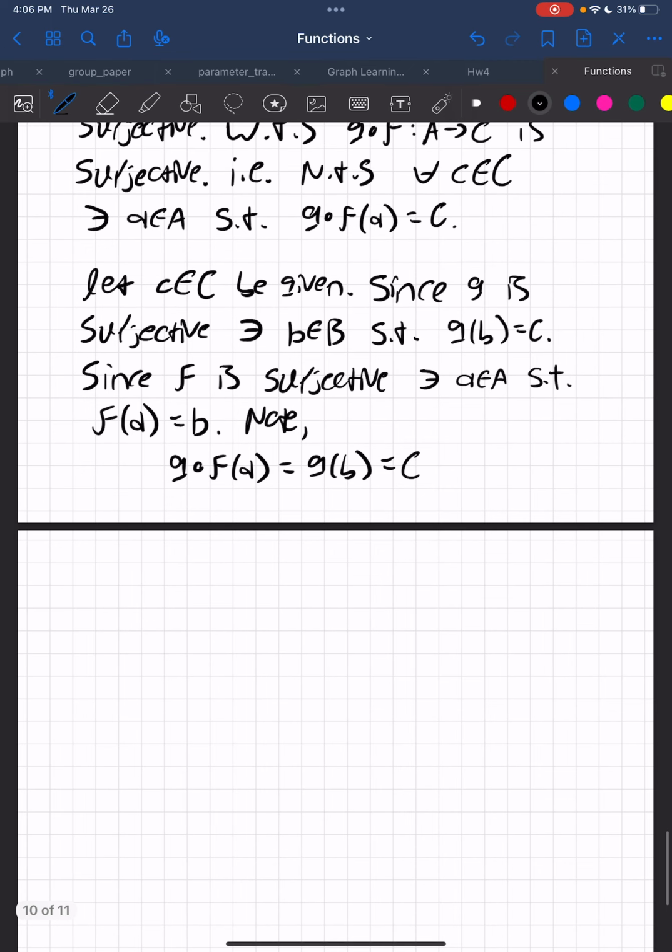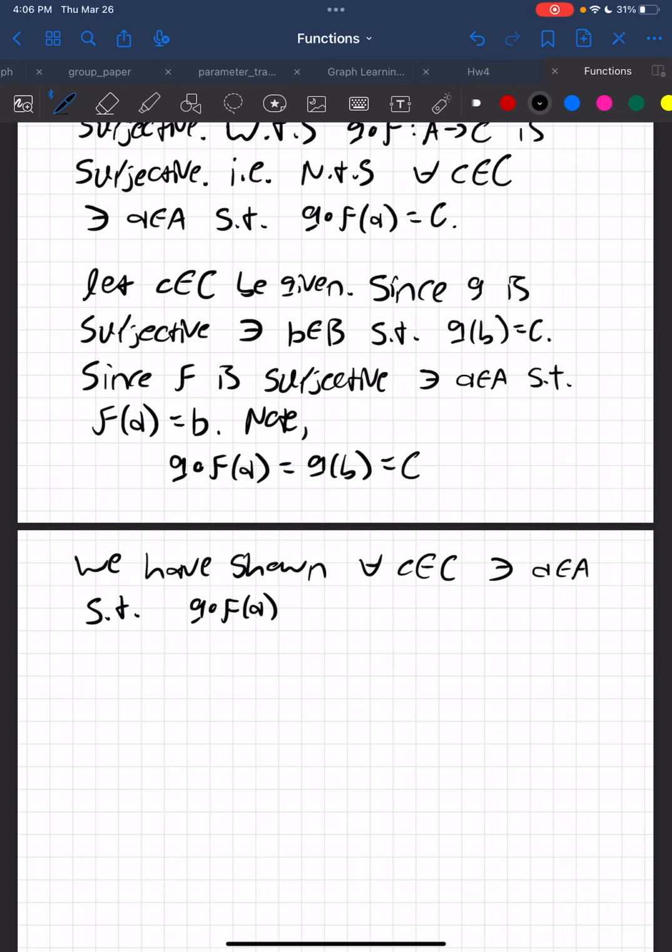So we've shown that for any c in C, there exists a in A such that g composed with f of a equals c. And we're basically done. We just say, thus, g composed with f is surjective. And we finish the proof.